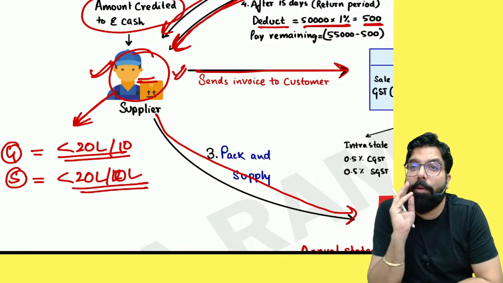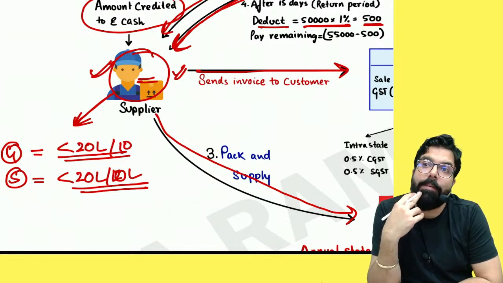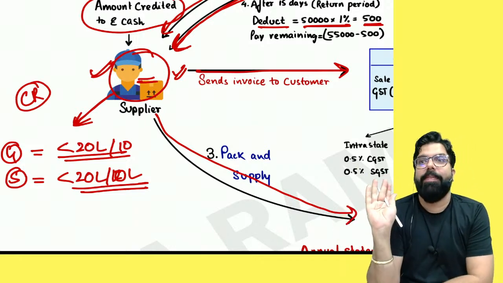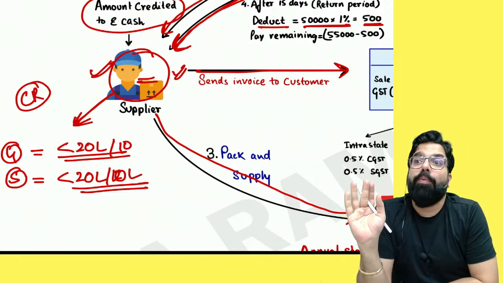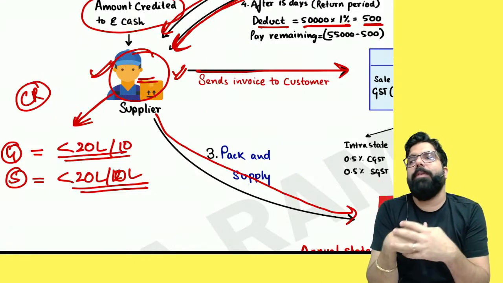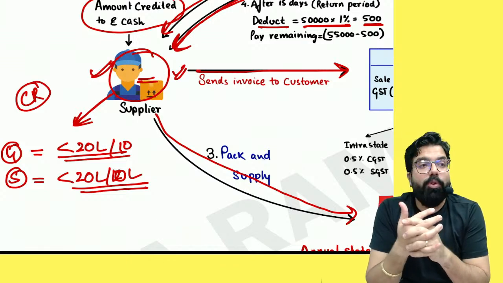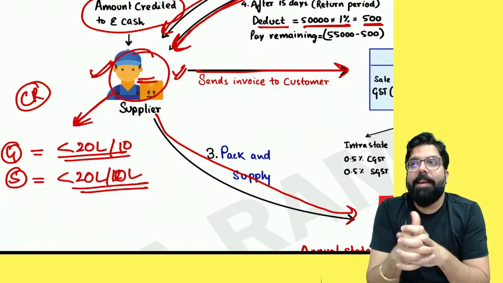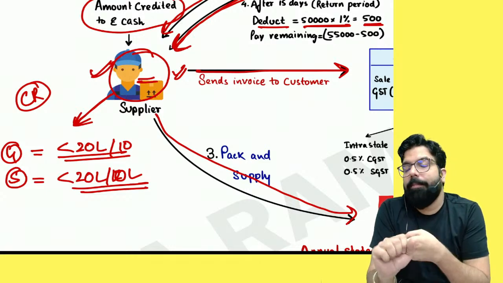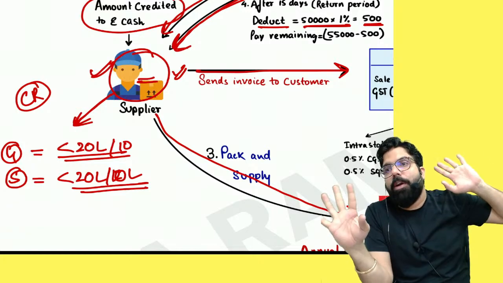Up to what amount, everyone? 20 lakh or 10 lakh. If I cross 20 lakh or 10 lakh, then registration is compulsory. The 40 lakh limit is not there. What is the limit, everyone? 20 lakh. And if I am selling services through e-commerce, when will I take registration? When I cross 20 lakh or 10 lakh. If I am selling goods through e-commerce, 20 lakh or 10 lakh.